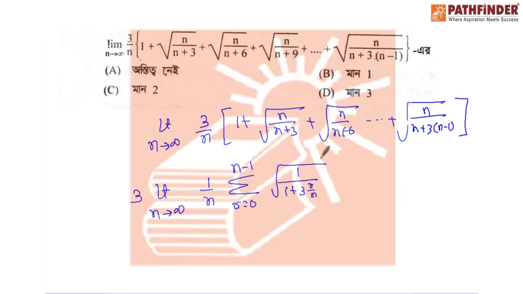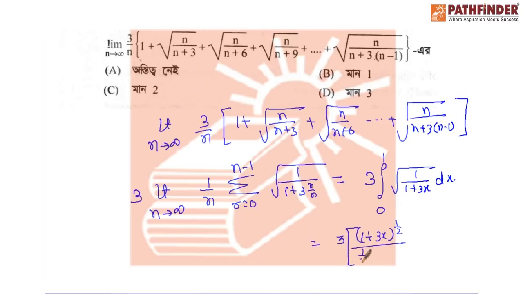So this is a function of r by n, so we can write it as thrice the integration from 0 to 1 of root over 1 by 1 plus 3x dx. If you solve it, finally thrice of 1 plus 3x to the power 1 by 2, divided by 1 by 2 into 3 to the power 1, which is equal to 2, option C.